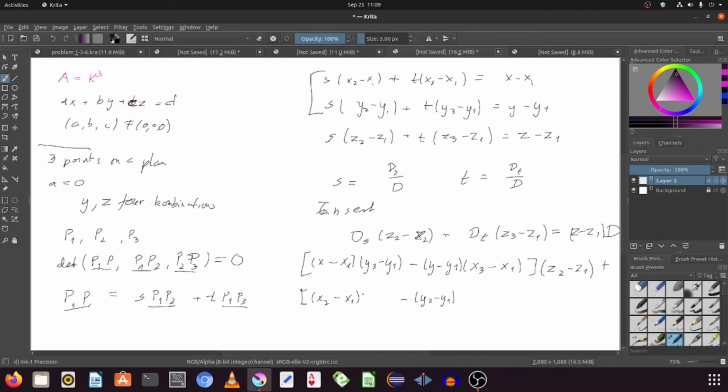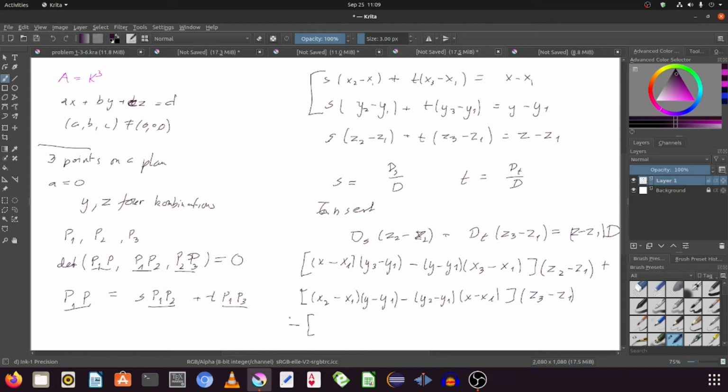Times y minus y1, x minus x1, times z3 minus z1, and then minus, or should we put it equal?